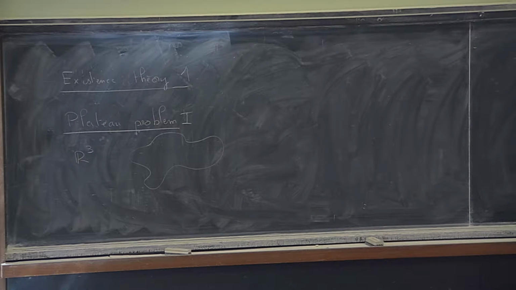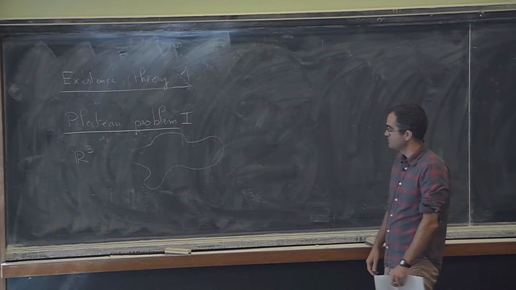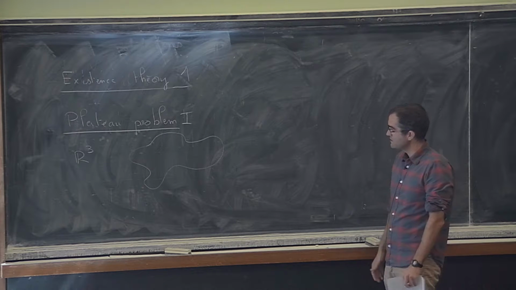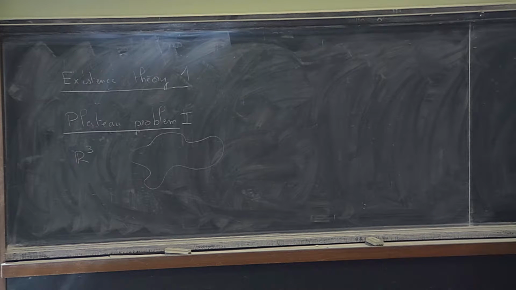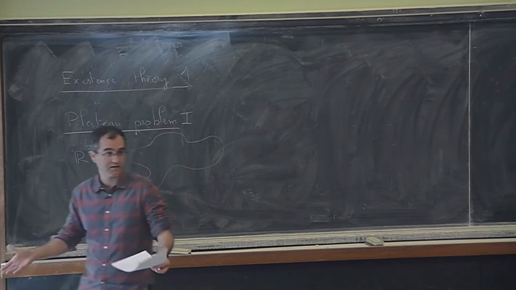And the idea, okay, I'll look for a critical point, so let's look for a minimum of this area functional. Okay, so how can I do that? So the basic idea is to select a class of surfaces with boundary exactly this curve and try to do minimization of the area among that class.